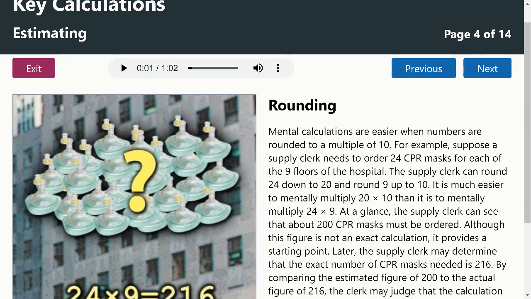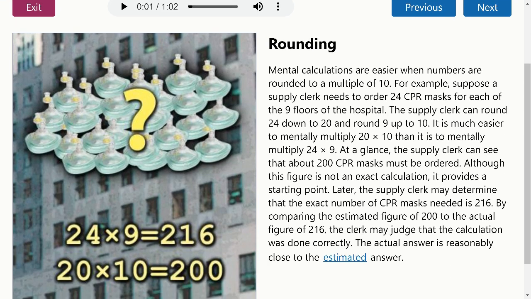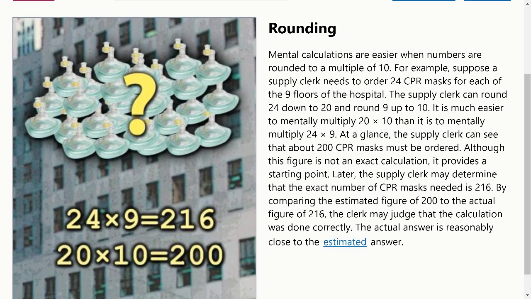Rounding. Mental calculations are easier when numbers are rounded to a multiple of 10. For example, suppose a supply clerk needs to order 24 CPR masks for each of the 9 floors of the hospital. The clerk can round 24 down to 20 and round 9 up to 10. It is much easier to mentally multiply 20 times 10 than 24 times 9.